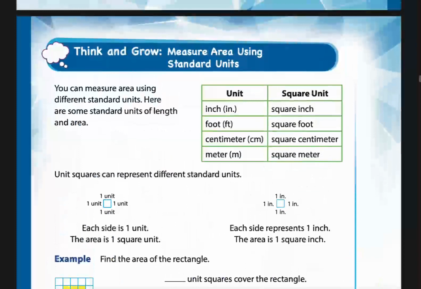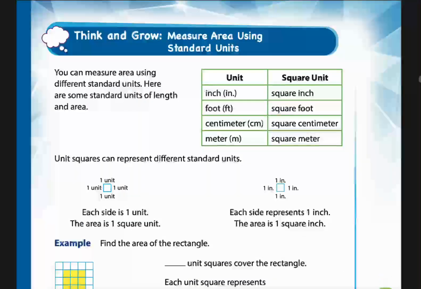In this page, we have different units for length and area. I will write it at the top, and I want you also to write it. So everyone write this with me. These units are for length, and these units are for area.